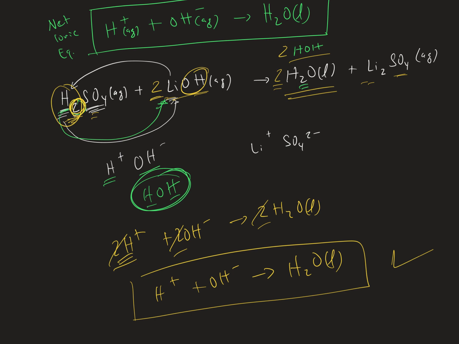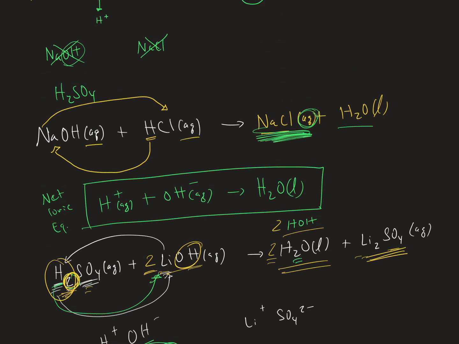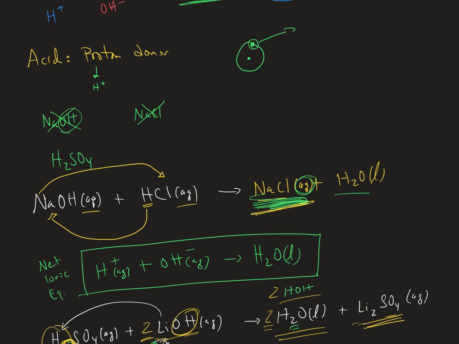Any other questions? So what do we get when we have a neutralization reaction or an acid-base reaction in this unit? We get water and we get salt. Is that a salt? And there's a salt. We get salt water.